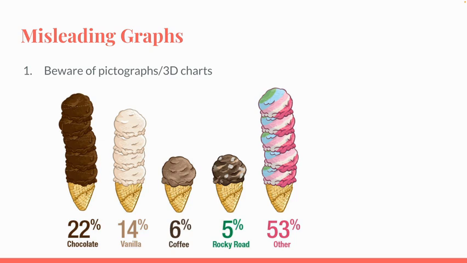So look at the different ice creams. What I noticed right off the bat is chocolate is 22%, others 53%, but they have the same number of scoops. So does that make sense? Not really. I don't know why the author of this pictochart would choose to do that. It's very misleading.